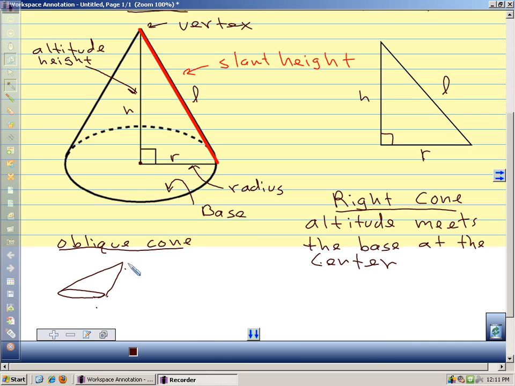So it's just slanted. And like we did with triangles, our altitude is outside the cone. So oblique just means slanted, and on an oblique cone, we find our height outside the cone. All right, any questions before we go to our formulas?